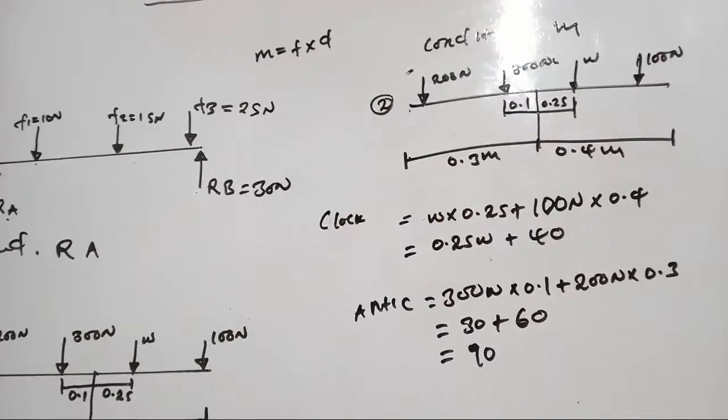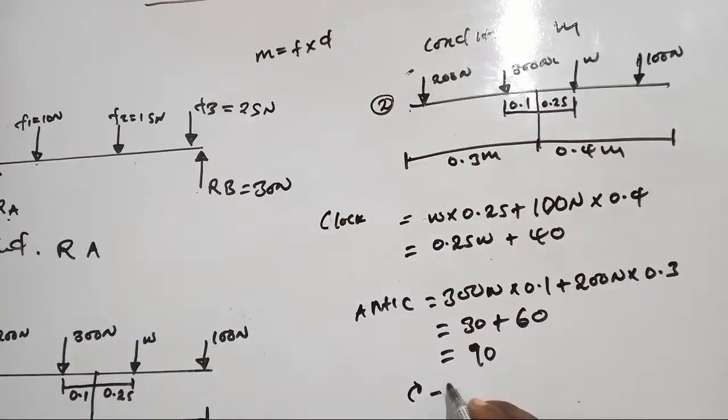And the formula is clockwise moment minus anti-clockwise moment should be equal to 0.